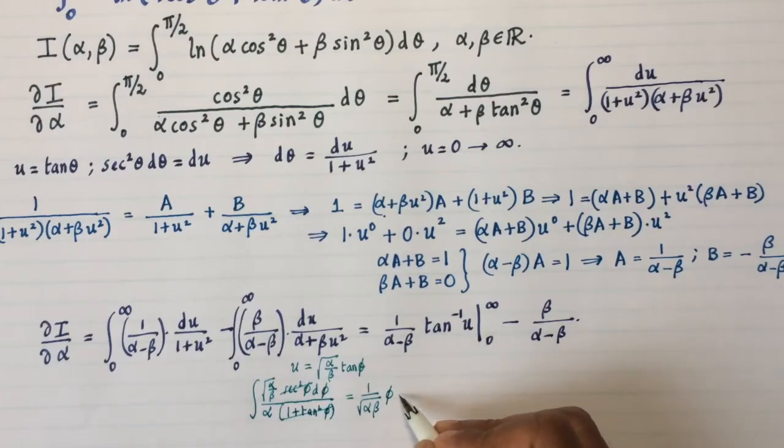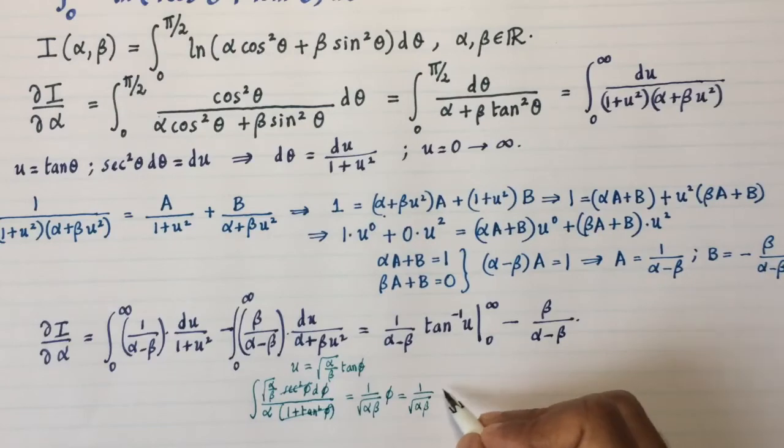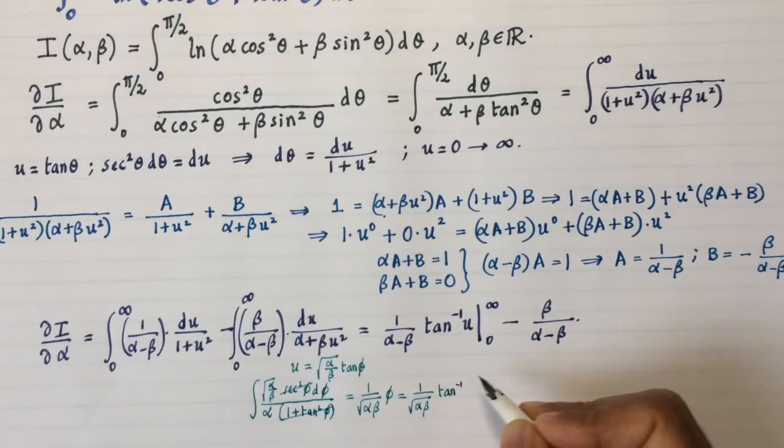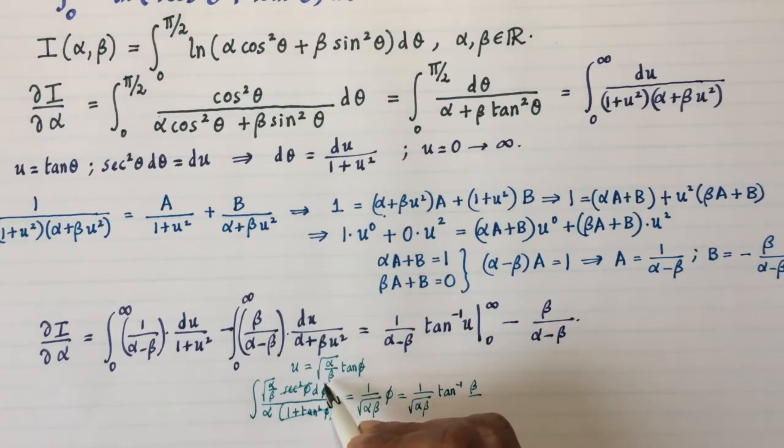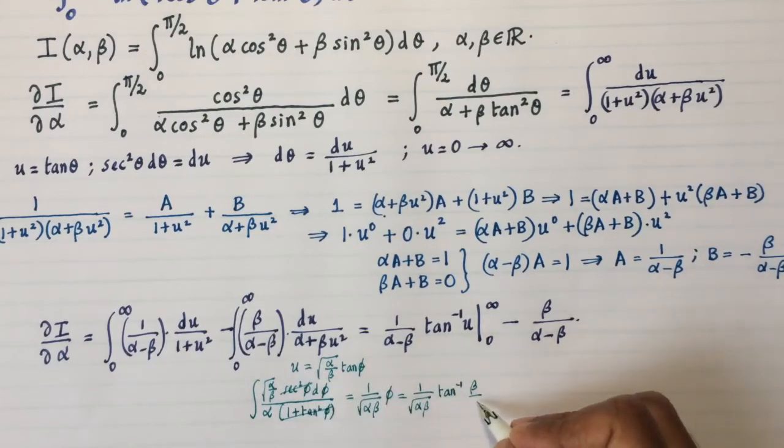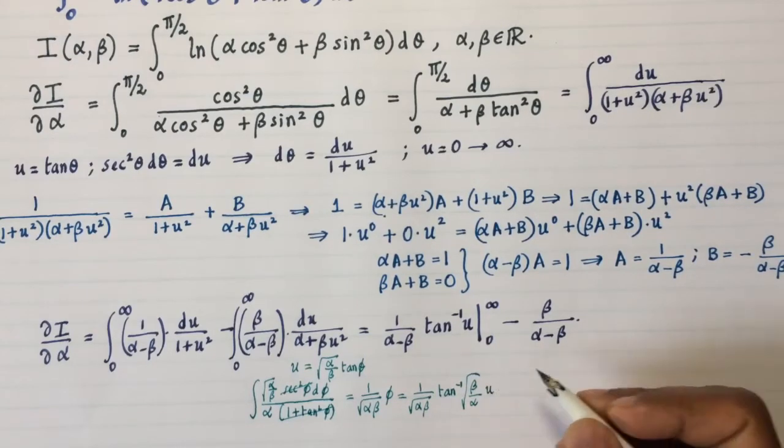Okay, but phi is precisely the arctangent of, let's see, if I solve for just tan phi, I'm going to get square root of beta over alpha times u.